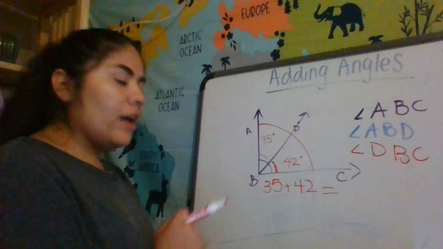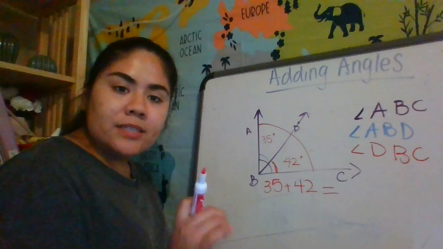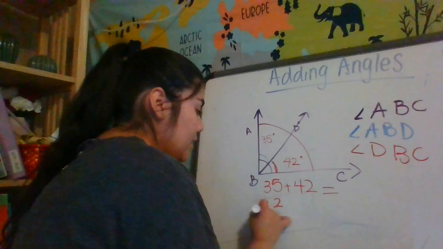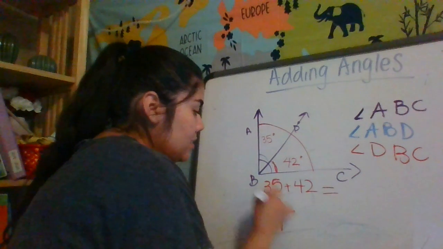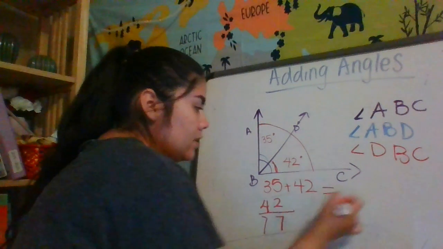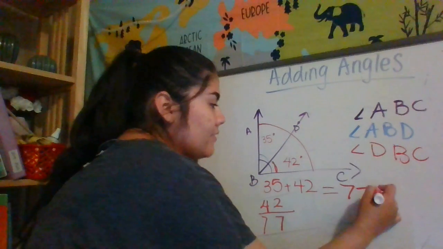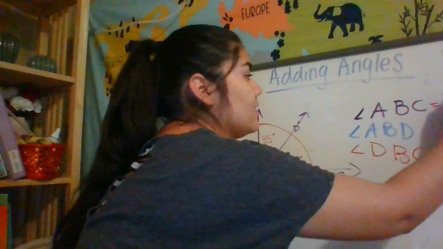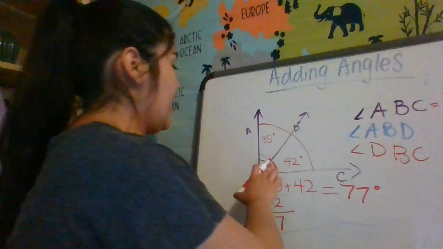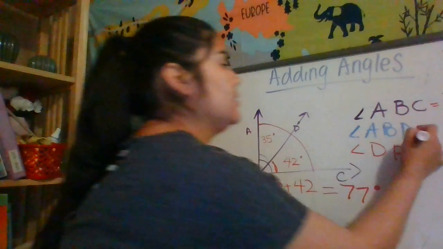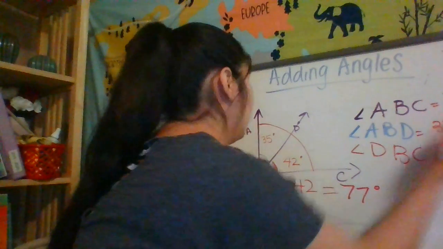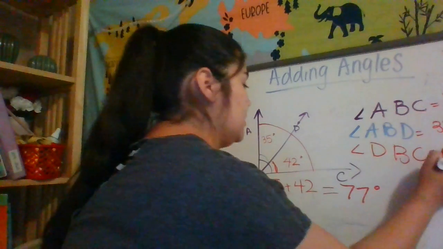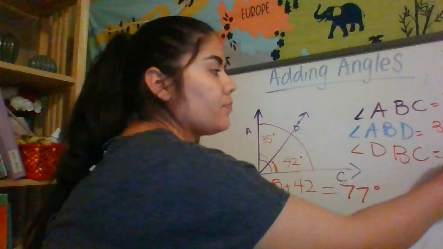I can do this in my head, but you guys might want to do the work. I'll even do it here. 5 plus 2 is 7, 3 plus 4 is 7. The answer is 77 degrees. So angle ABC is equal to 77 degrees, angle ABD is equal to 35, and angle DBC is equal to 42.